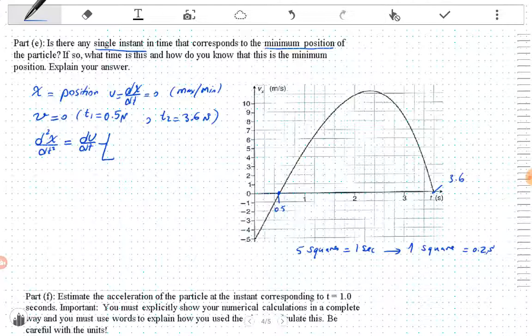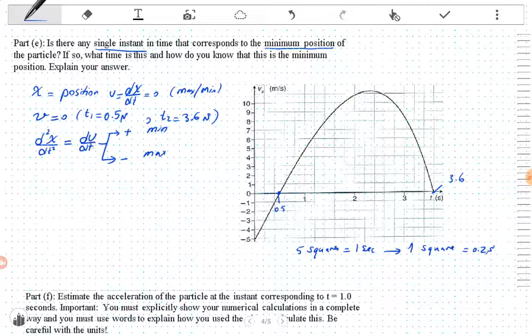Now this one has 2 possibilities. Maybe it is positive, maybe it's negative. When the second derivative is positive, the variable, which is x, will be minimum. When the second derivative is negative, the variable is maximum. So how can you find the second derivative of x? By finding the first derivative of the velocity.